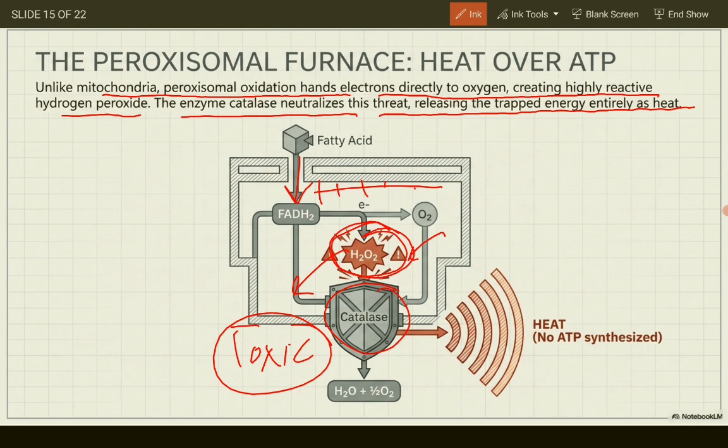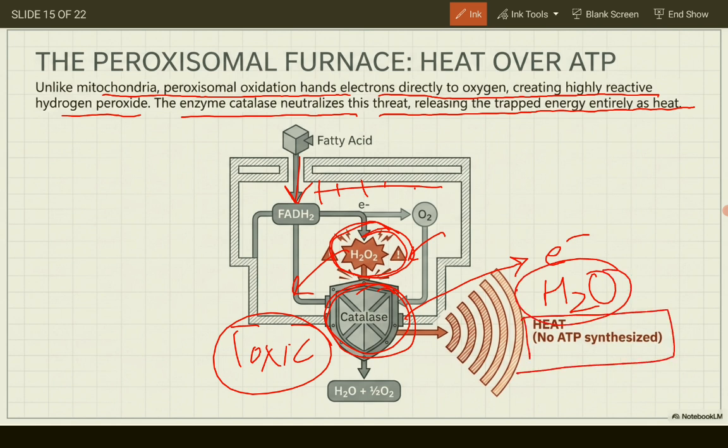So this peroxisome has an enzyme called catalase that removes the electron and produces H2O molecules and releases the rest of the energy as heat. No ATP is synthesized here.